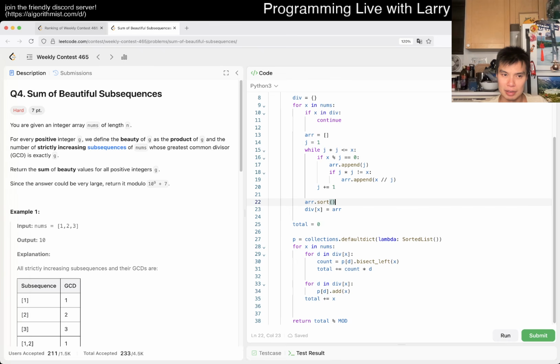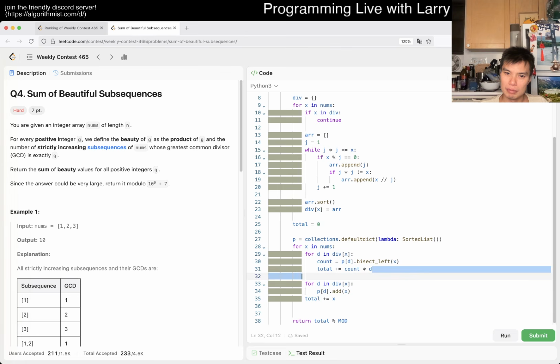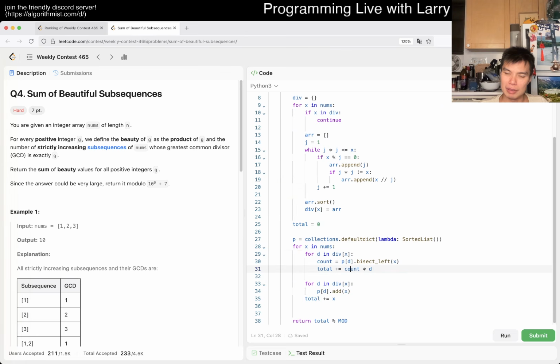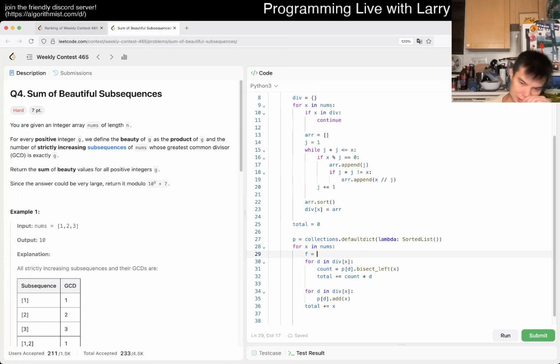I mean, we handled the strictly increasing part, but I think there is something like, it's not this, it is that. It has to be something like, I don't know, right?